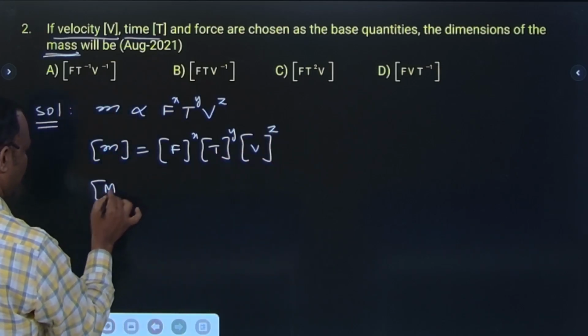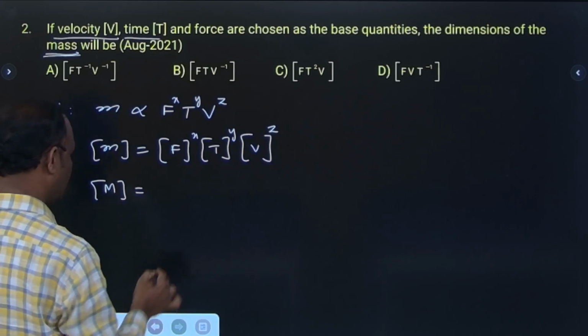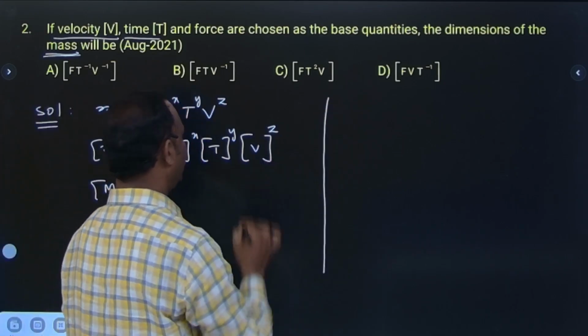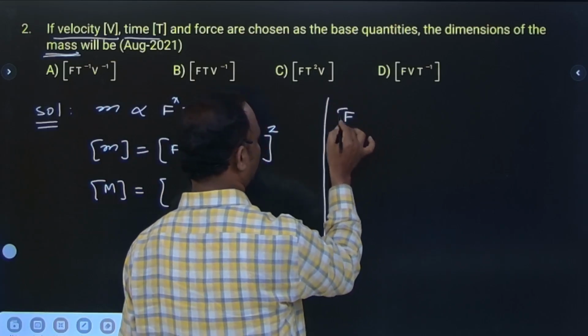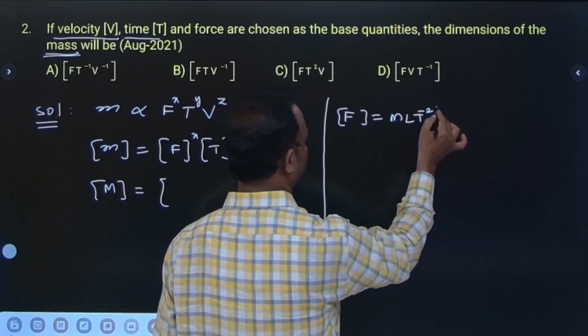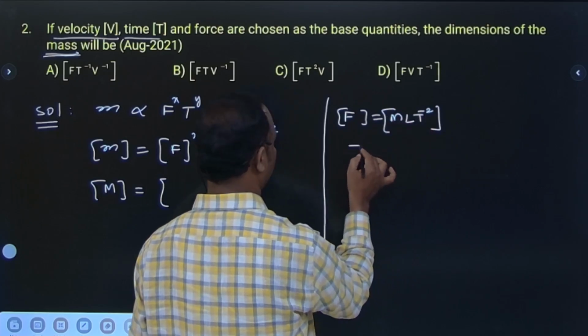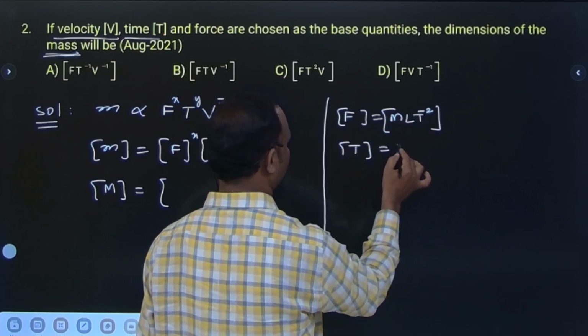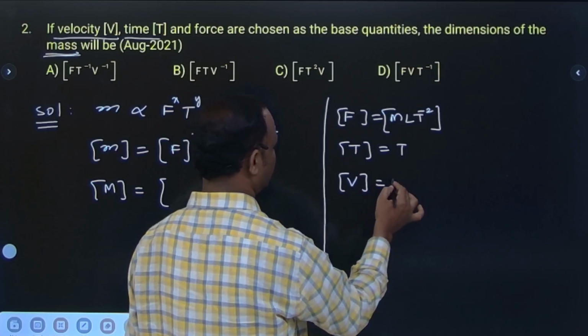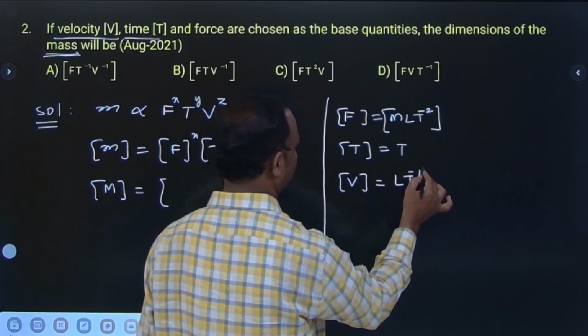Write the dimensional formula of mass, M. This is equal to the force dimensional formula. If you don't know it, the dimensional formula of force is M L T minus 2, and the dimensional formula of T is T only. The dimensional formula of V, the speed of light, is LT inverse.